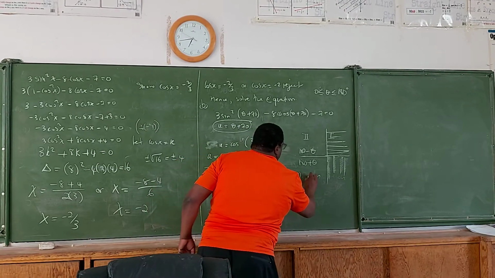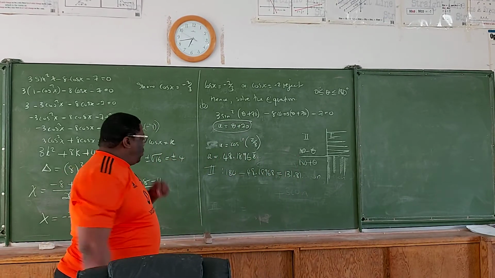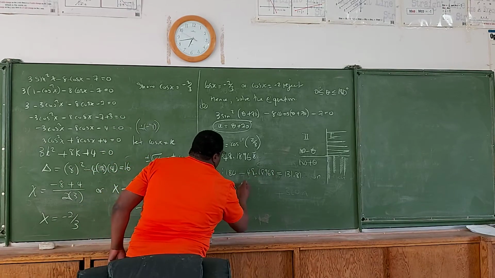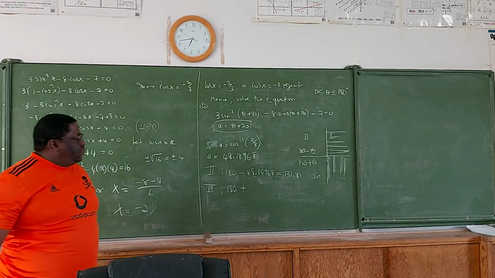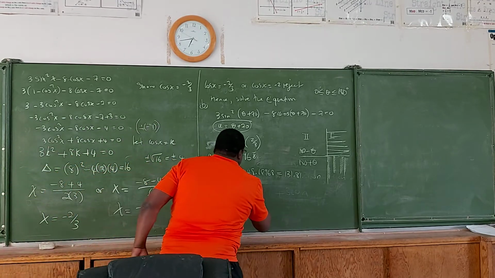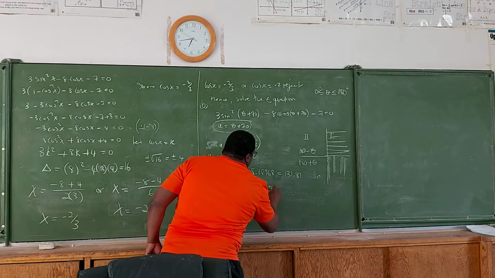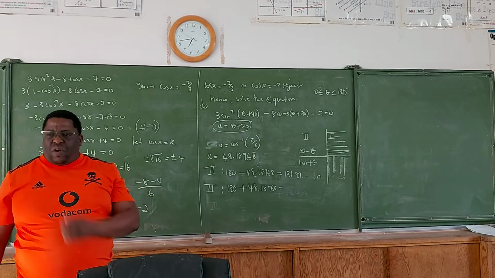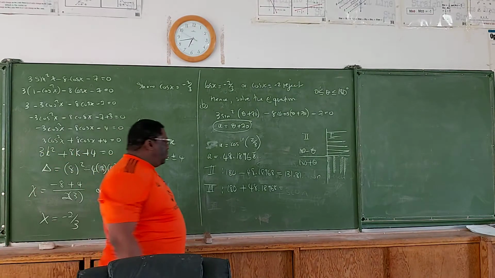What would it be in the third quadrant? Just the big one. 180 plus 48 to that. 228.9. What is it? 200 and?